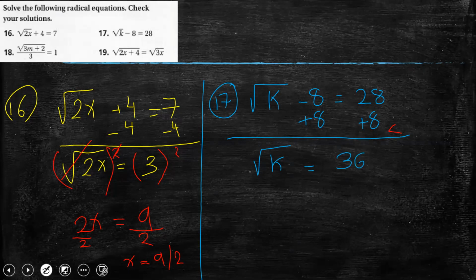Now, square root of k is 36. I want k only. What do I have to do? We will square both sides. Yes, square both sides. So k will be 36 squared, which is 1,296. This will be the value of k.